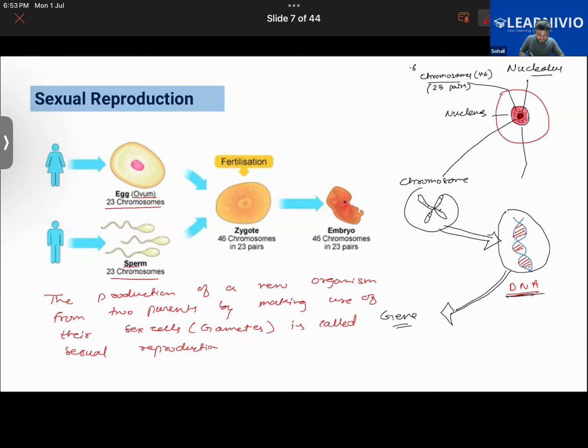Do chromosomes determine a person's gender? Of course, chromosomes have a role to play in the sex determination of a child, whether male or female. Actually, it is the male parent that determines the gender of a child. Biologically speaking, the male is responsible for the gender of the child.